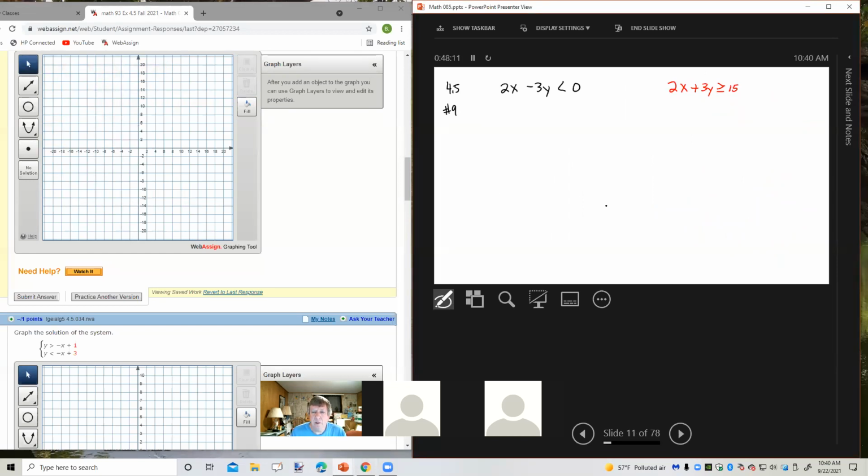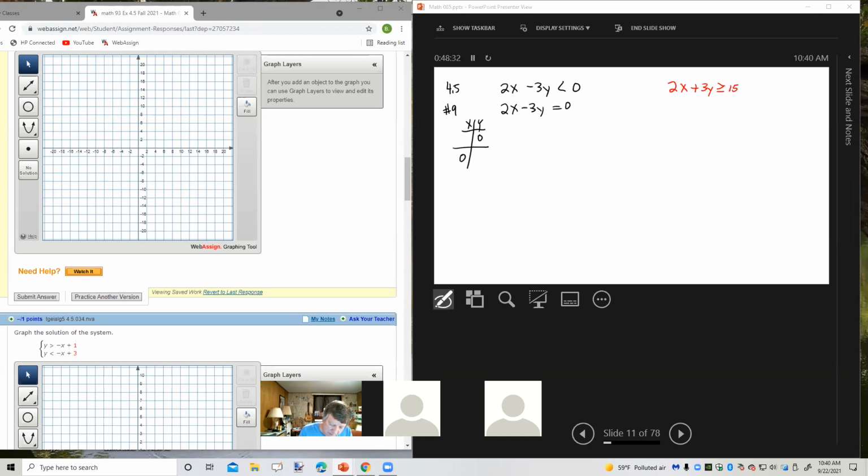So we've got 2x minus 3y less than 0. I'm going to write the equation related to it. So that would be 2x minus 3y equals 0. And I'm going to make a table and look for the x and y intercepts.